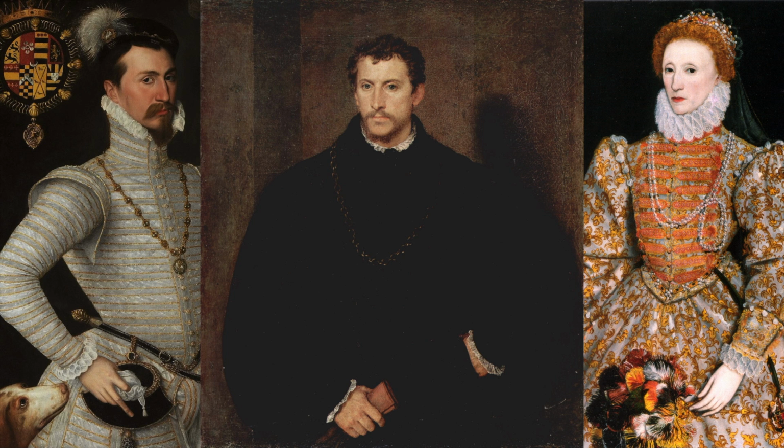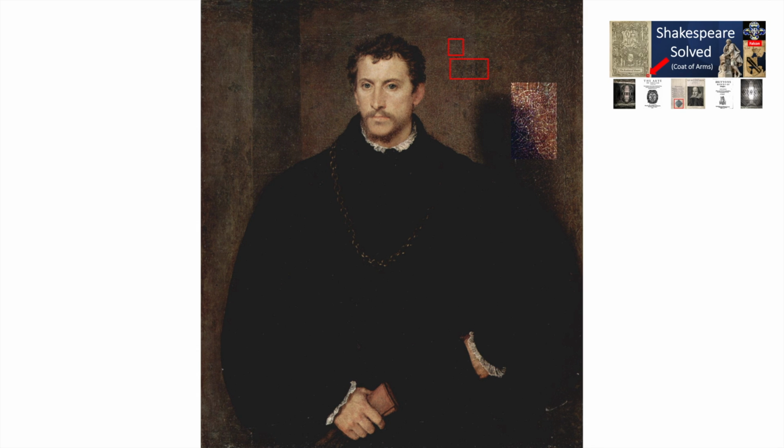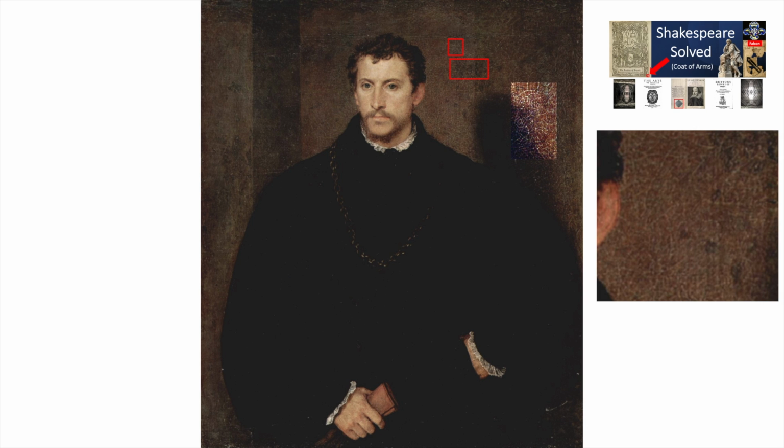Now, I've already shown you the Vere and the single star from the De Vere coat of arms and the man behind the mask artfully hidden within the lines of the background. But there's more. Believe me, there's quite a lot more hidden. I discussed the pearl in the open shell at the end of this video, but there's more.